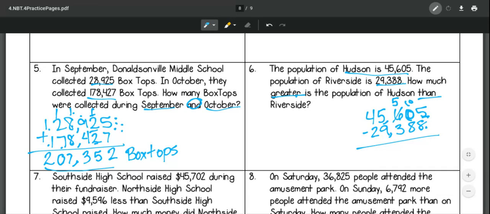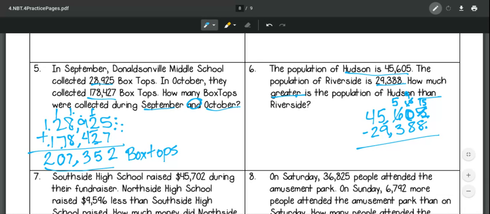Now I still need to take one back to the 5. So I'm going to mark out this 10. It stays with a 9. And then I can give my ones 10 ones. So 10 plus 5 ones is 15 ones. I'm going to mark out this 5 too so I can see that 15 up there.